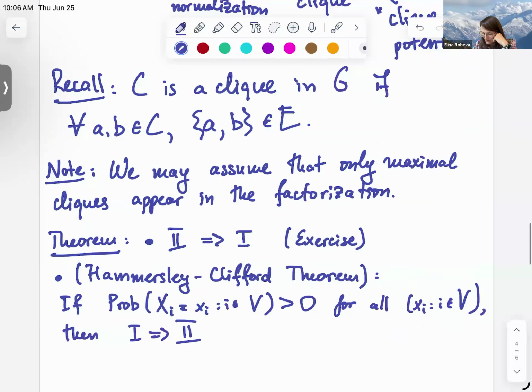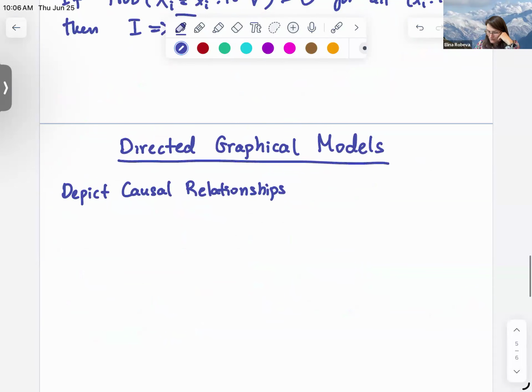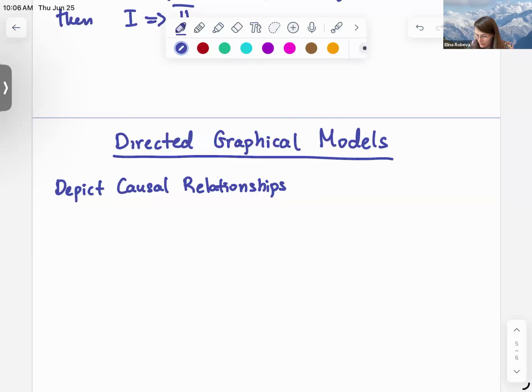So the second kind of graphical models are directed graphical models, and they depict causal relationships. Here I just want to show how the conditional independence relationships which still hold are very different than the ones in the undirected case. So the undirected case is much simpler. Suppose we're interested in measuring the height of people in a family.